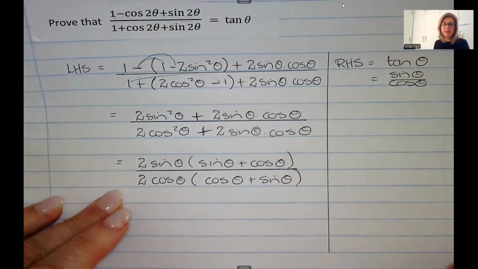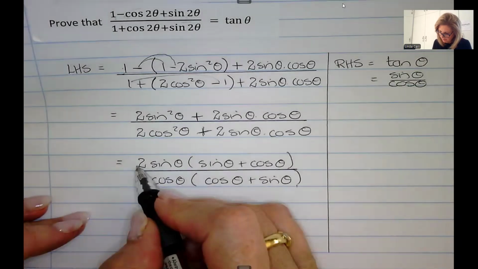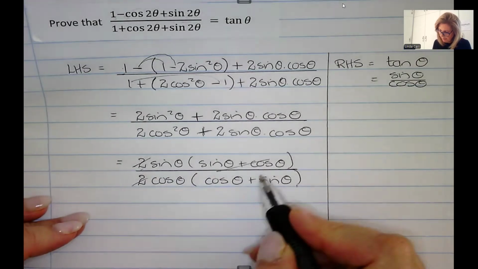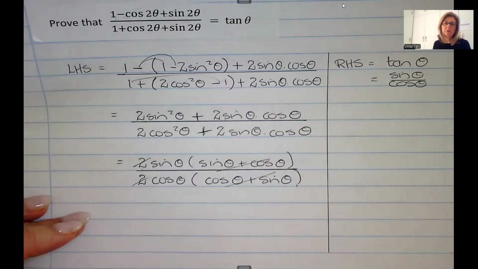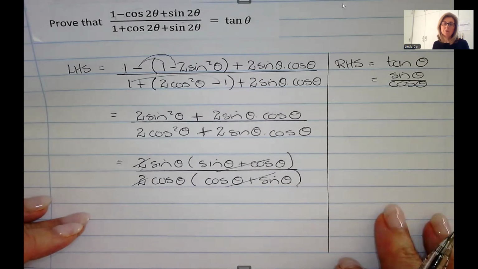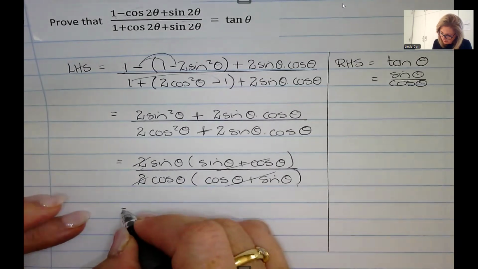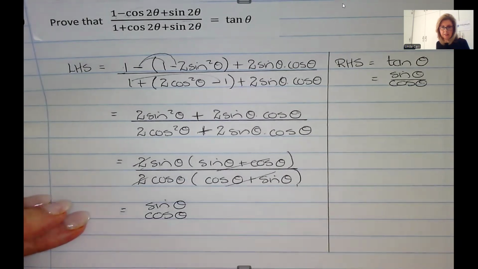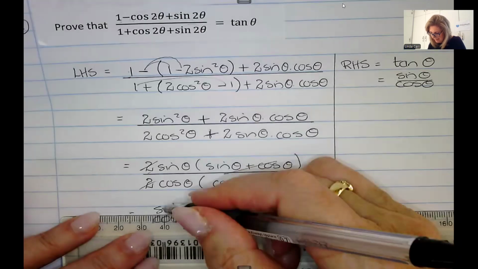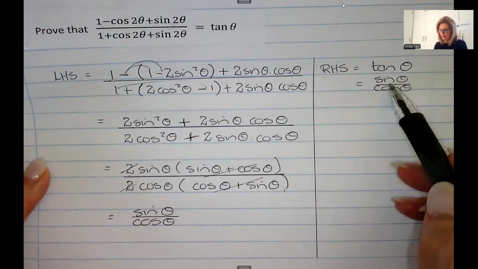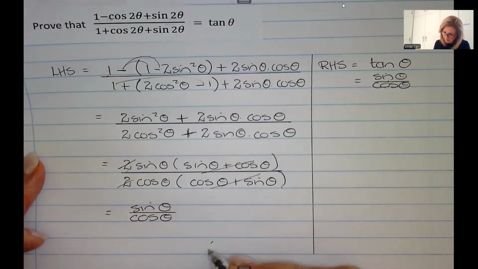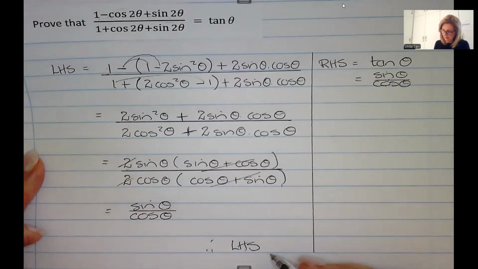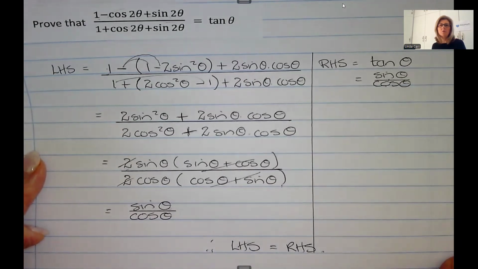And now I'm very, very happy with myself because 2's divide, the brackets divide. Remember, they're the same because with the plus, it's commutative property. You can switch them around. So I'm left with sine theta over cos theta, which is exactly what I wanted. There, I can see it. And so I can conclude that the left-hand side is equal to the right-hand side. Right, so that was quite a nice identity question.